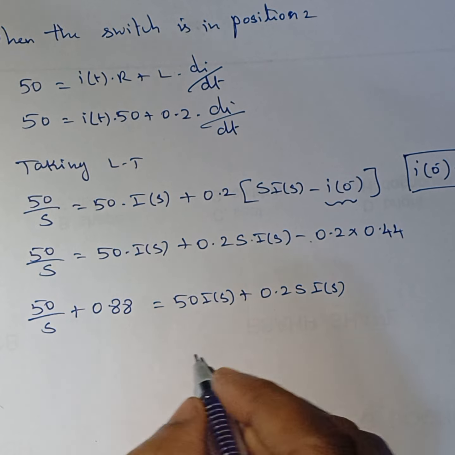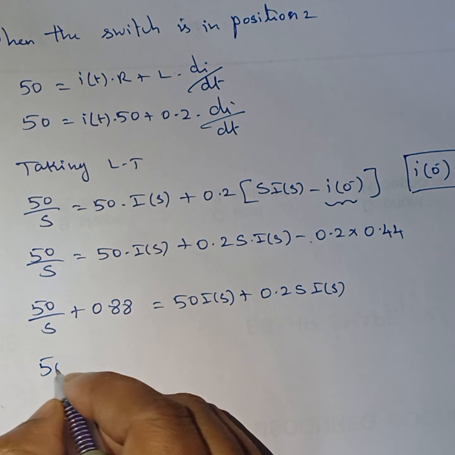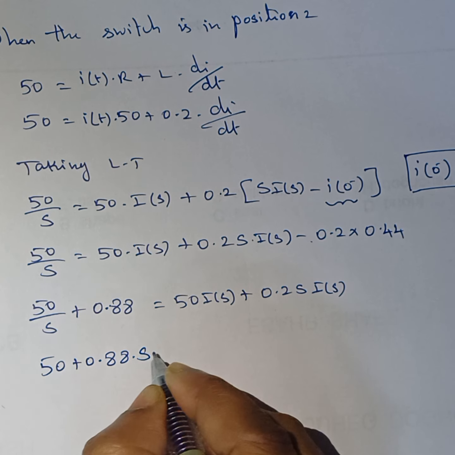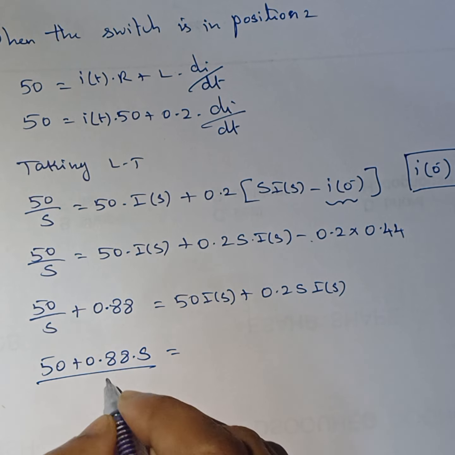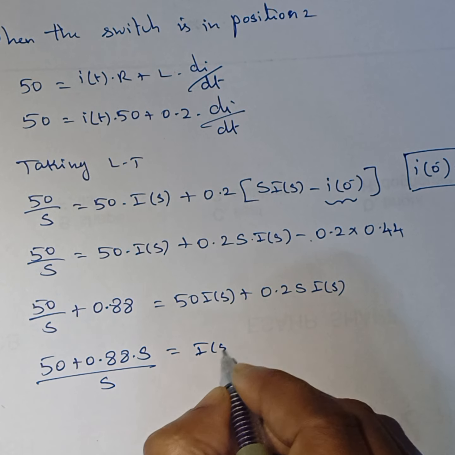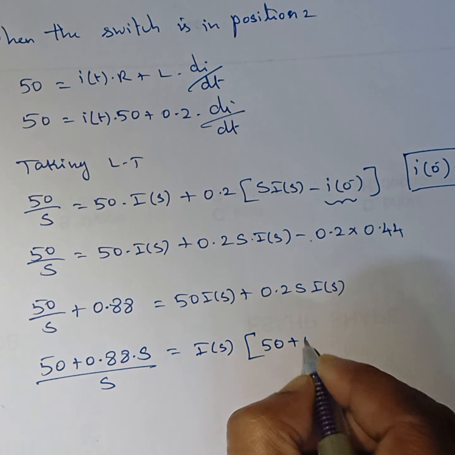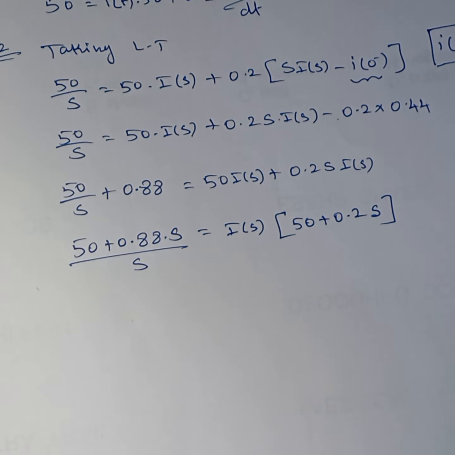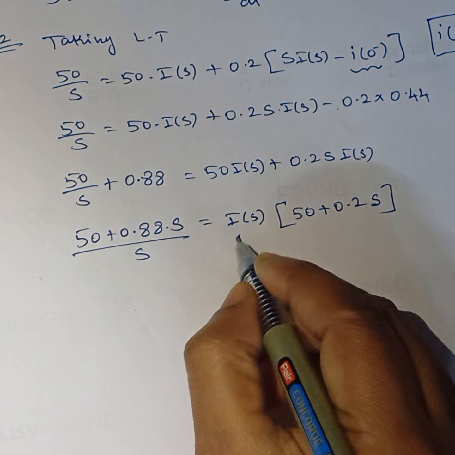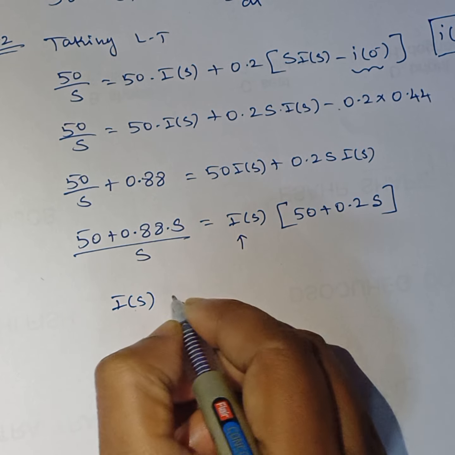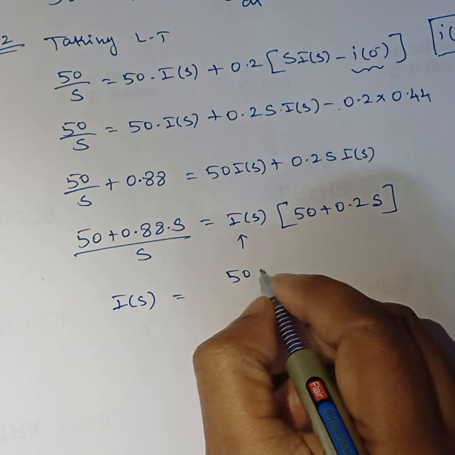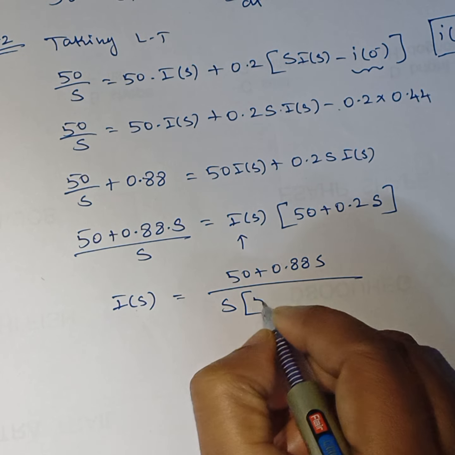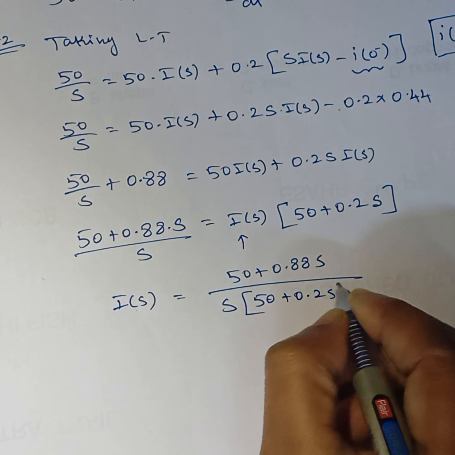Okay, taking this as common and taking LCM here, 0.88 S divided by S is equal to IFS into 50 plus 0.2 S. Then I need only IFS, so keep IFS this side and the remaining on the other side: IFS is 50 plus 0.88 S divided by S into 50 plus 0.2 S, correct.